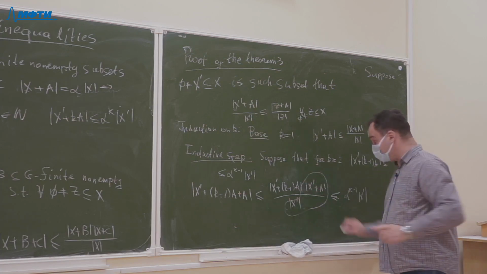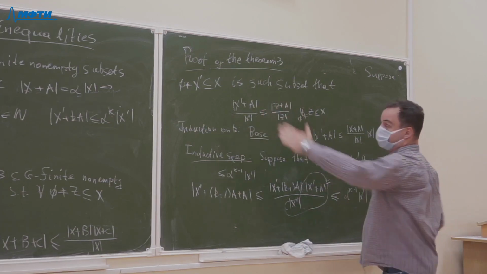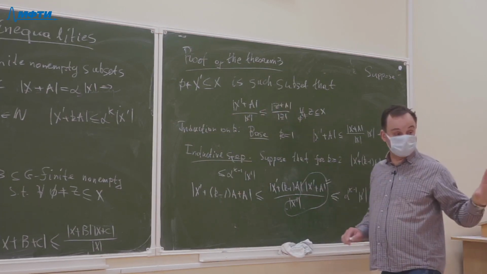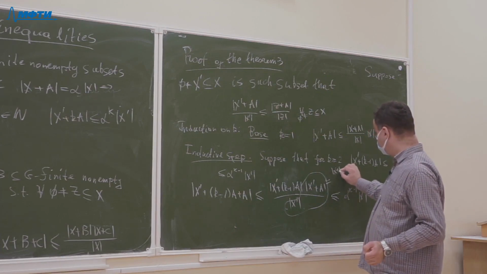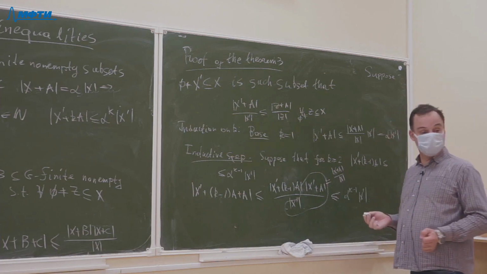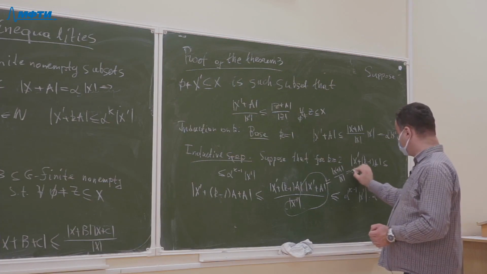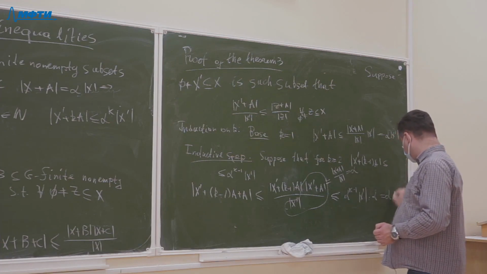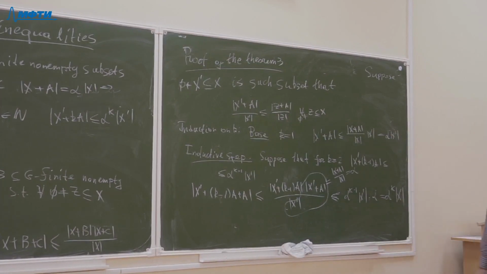For this one we estimate by construction of x prime. It's at most x plus a divided by x, which is alpha. So this is alpha to the k by x prime. Well, that's all we need, right?